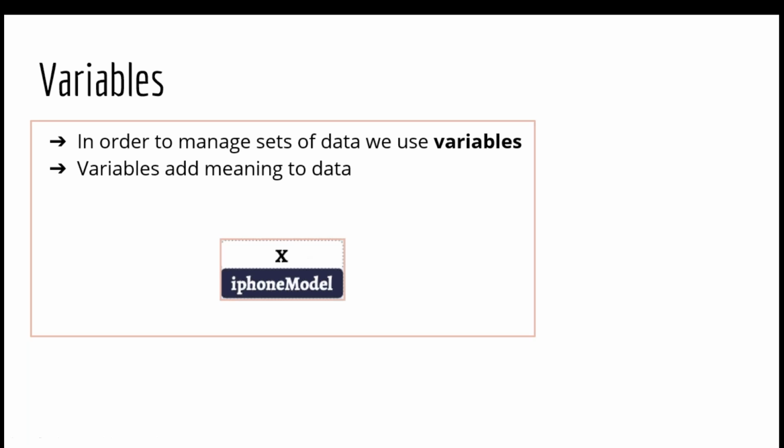This is applicable for anything. You can have a variable called fruit and put a strawberry as our set of data. Essentially, variables are just ways to add meaning to our data and describe our data, so we as programmers know what kind of data we're talking about when implementing our code and programming.